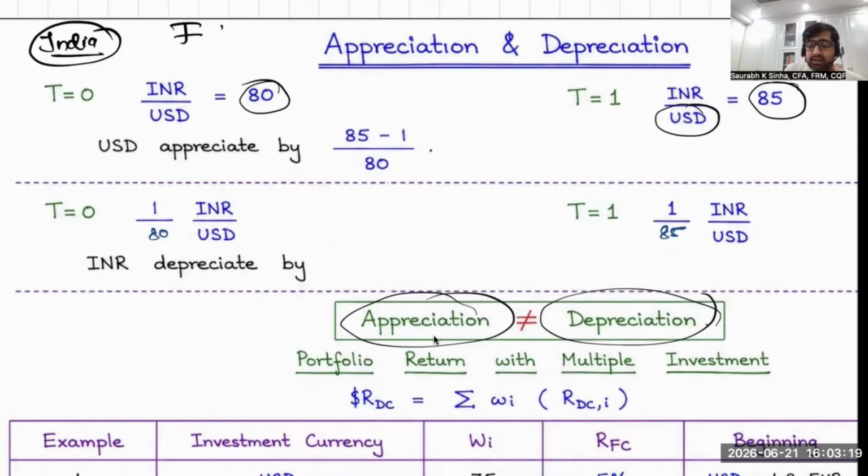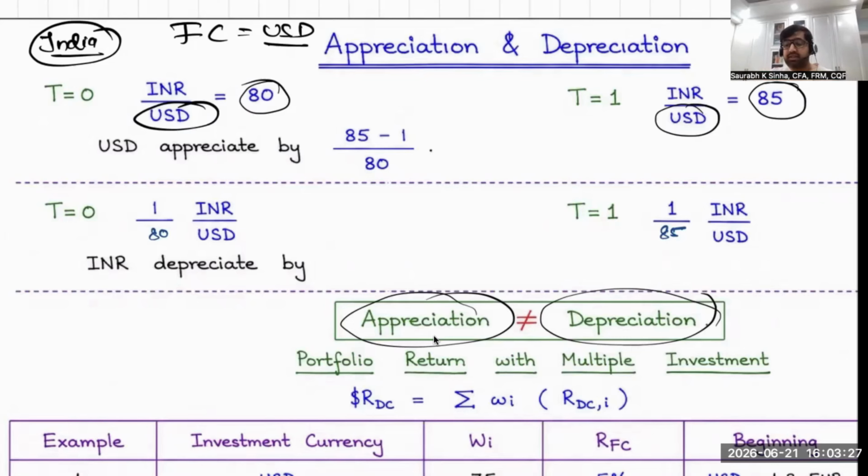So the foreign currency is what? USD, and foreign currency is in denominator. So if you do 85 minus 80 upon 80, which is 5 upon 80, then the value will come around 6.25%. I can say, yes, this is an appreciation of USD, because one USD has increased from 80 to 85.